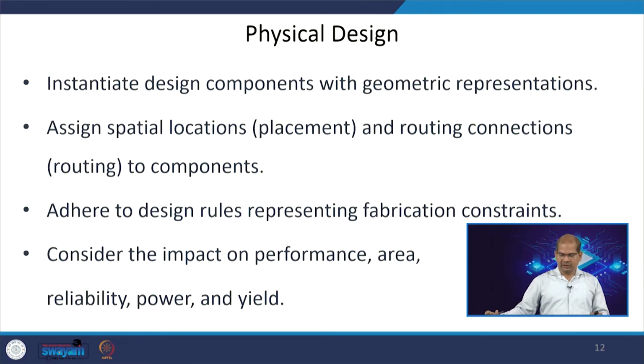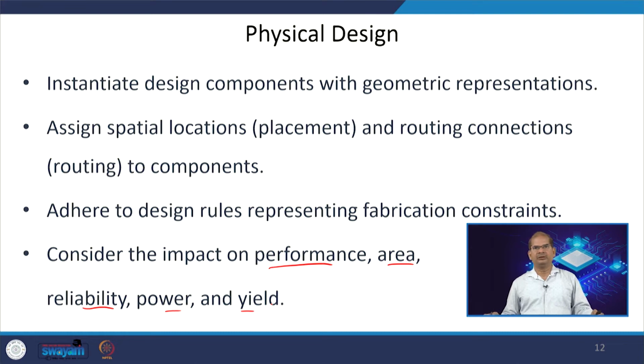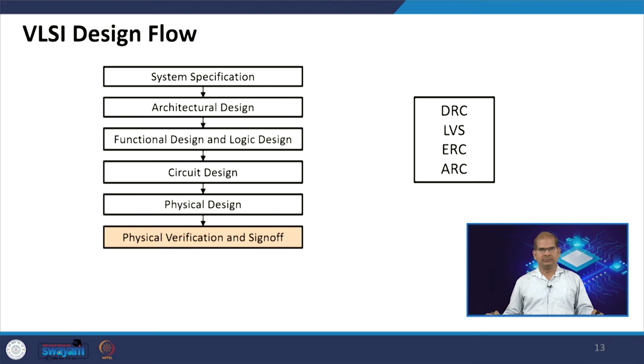Okay. So, here we go through some steps like placement and routing, and at the same time we need to satisfy the fabrication constraints provided by the fab, and also meet the performance, area, reliability, power and yield when we generate the layout of the design.